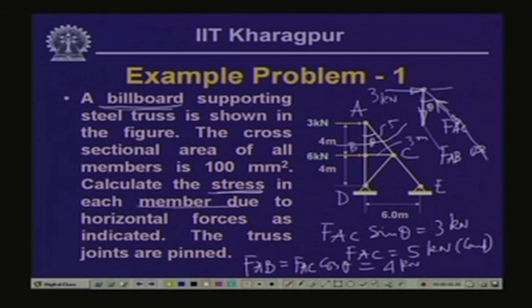For member AB, in the joint we have a force direction in this. So, in the member the force is in this direction, and thereby the member AB is under tension, and this is a tensile force. So, member AC and member AB are subjected to a force of 5 kilonewton and 4 kilonewton.